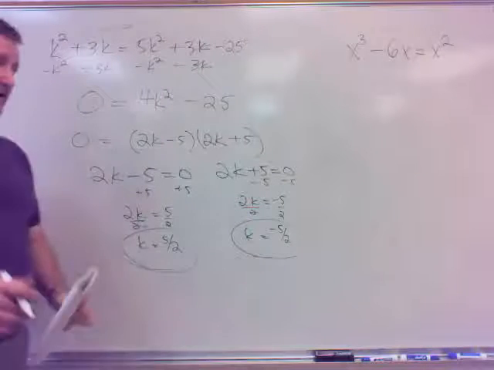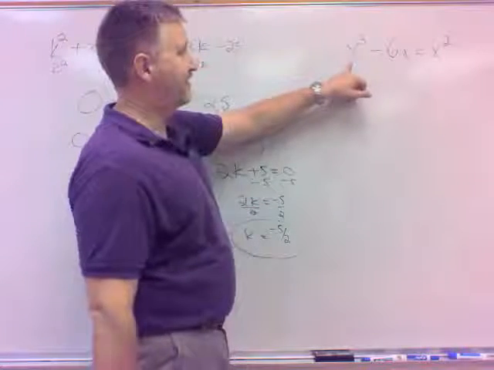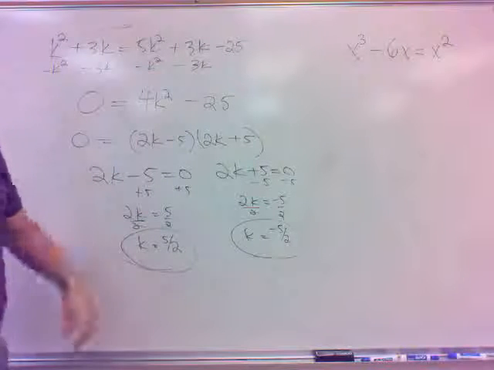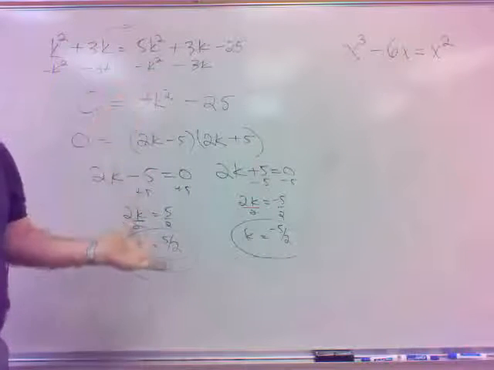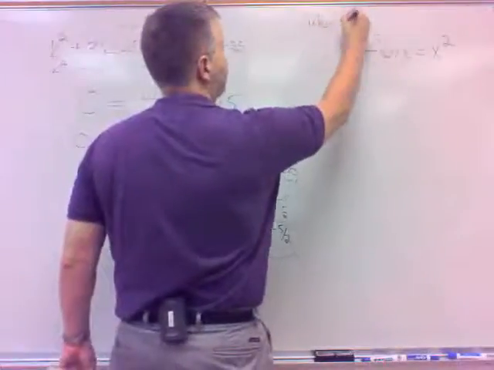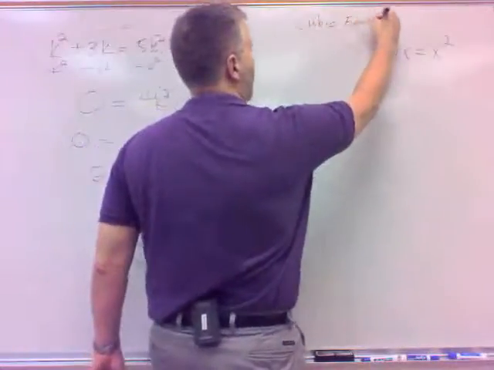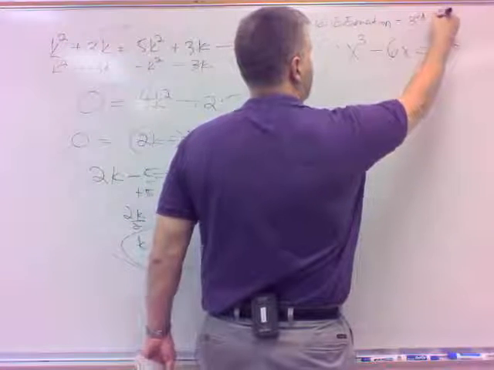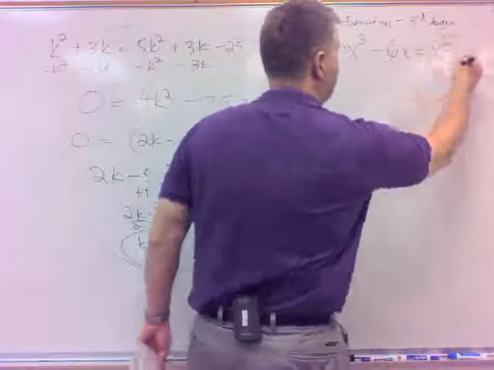It's got the x squared, but it has a higher power than that. So no, this is not technically a quadratic equation because it has an x cubed in it. It's a cubic equation, third degree equation. Highest power is 3 on these.